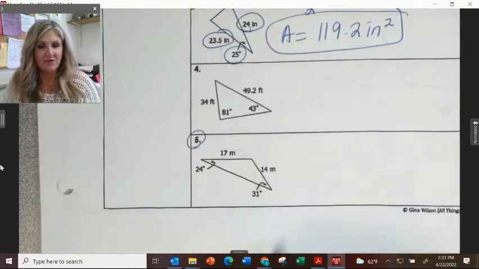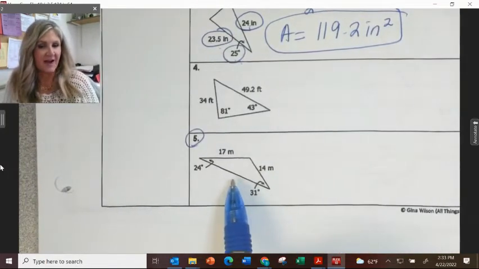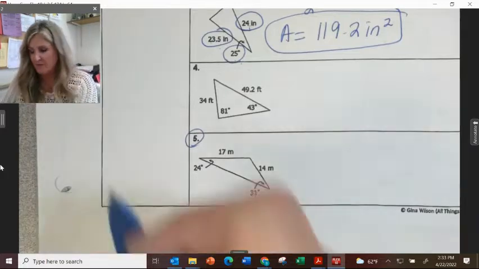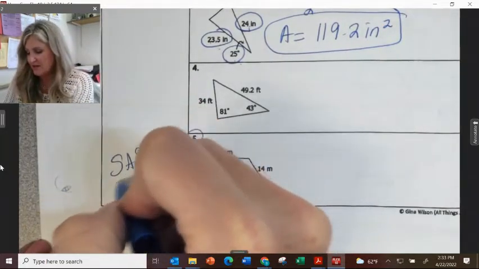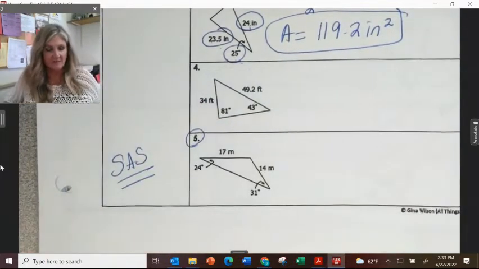All right, guys, I want you now to try to find number 5's area. Think it through. Remember, you must have side angle side in order to use this formula.